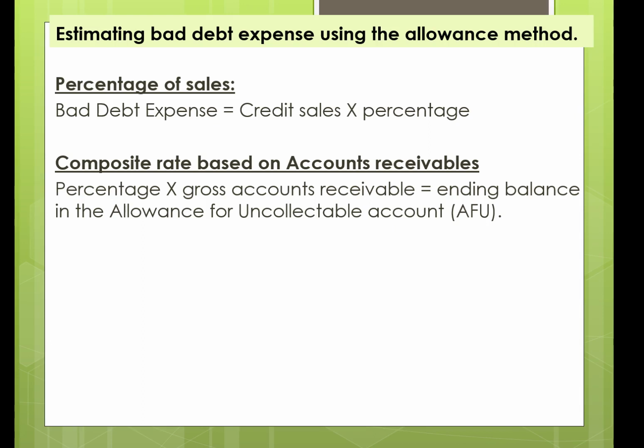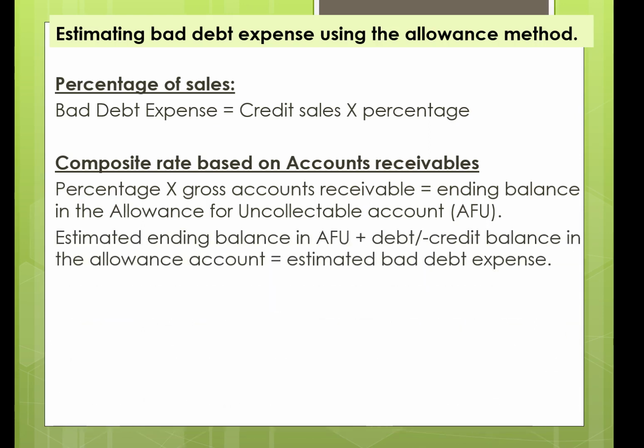Under the composite rate or percentage of accounts receivable, the balance you come up with is the ending balance of the allowance account. So you have to adjust for any balances already in your allowance for uncollectible accounts. You estimate the ending balance, then plus the debit or minus the credit balance in the allowance account, and that gives you your estimated bad debt expense.